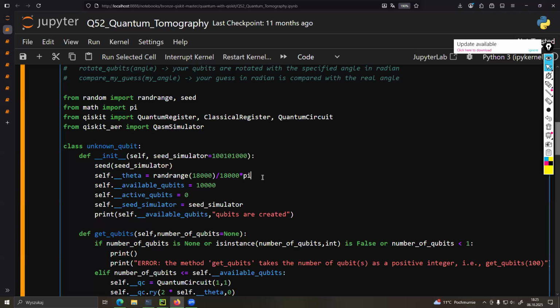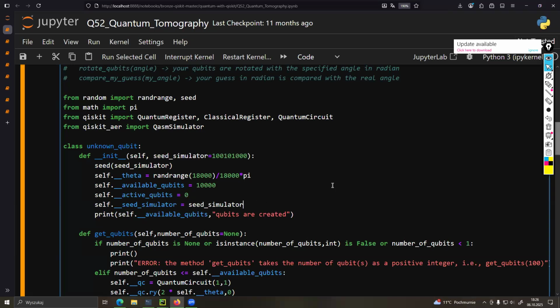So what is being set? Well, there is a rand range parameter, but you also don't have this parameter. I'm sorry, I said the class parameter, I mean the object parameter, self underscore underscore seed simulator, which is going to be the same number.